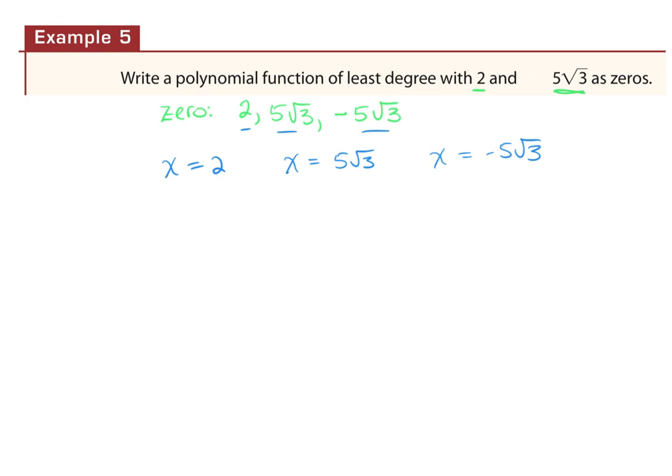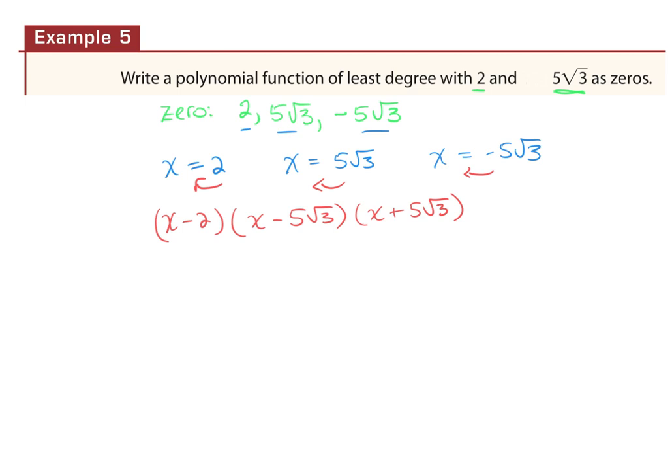Well, I just move it over. So if I move this one over, then x minus 2 is going to be one of my factors. X minus 5 square root of 3 is going to be one of my factors. And move that over. X plus 5 square root of 3 is going to be one of my factors. Okay? You'll notice that it's the exact opposite of what's there.